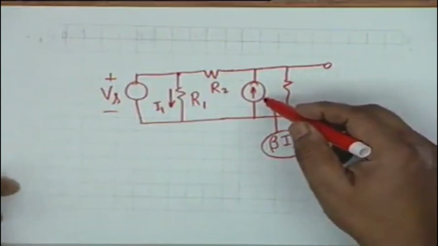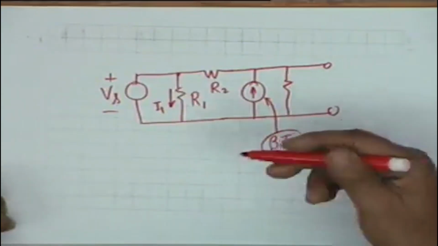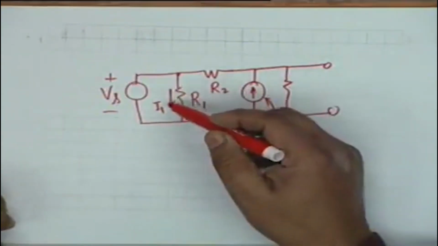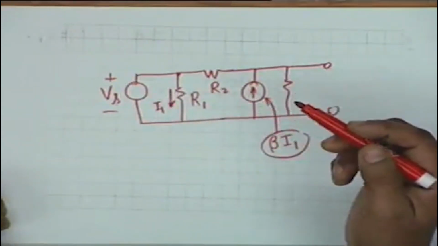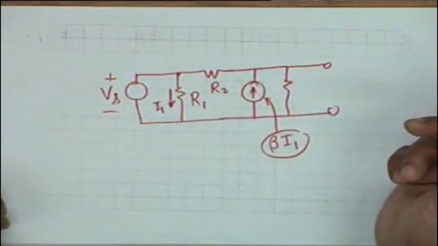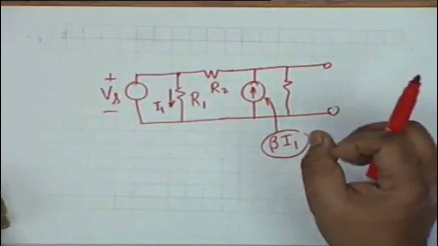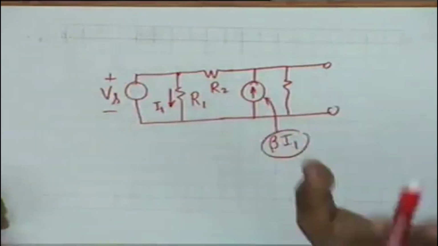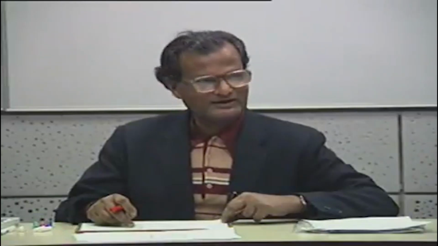The current generated by this source depends on another current at some other point in the circuit, that is I1. You understand what we mean by dependent and independent sources? An independent source generates a voltage or current irrespective of what happens to the rest of the world. A dependent source is not as free as this. Its current or voltage depends on some other current or voltage.